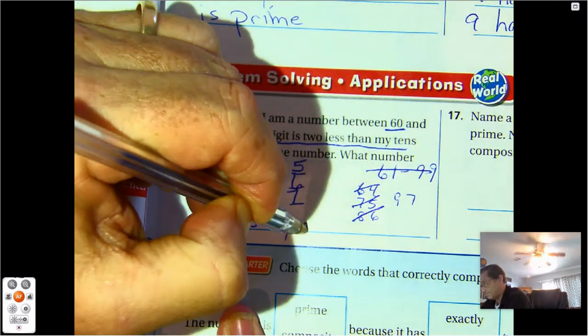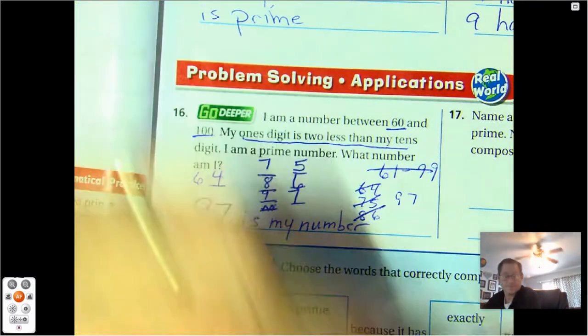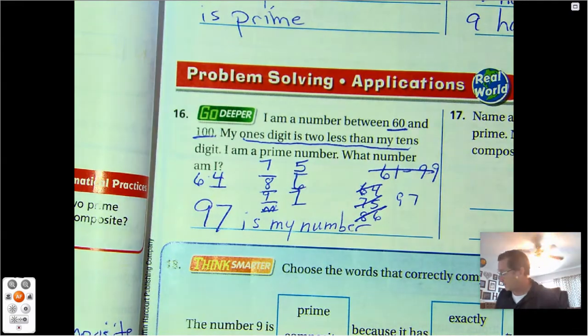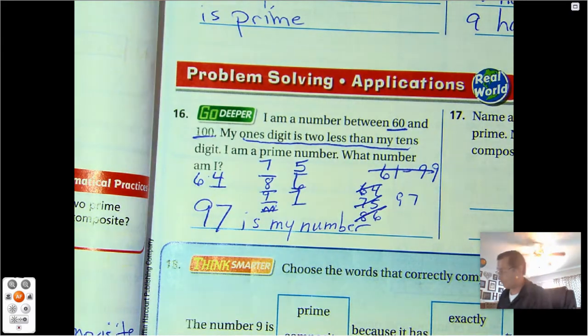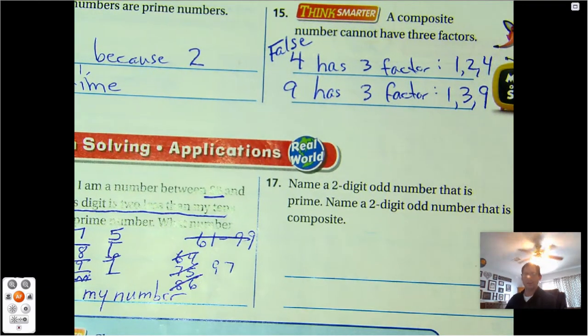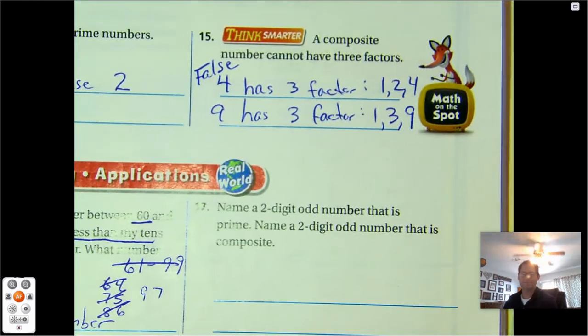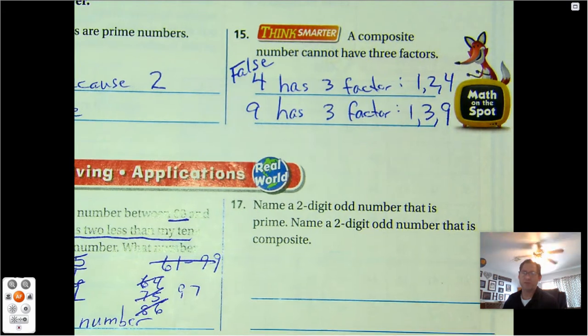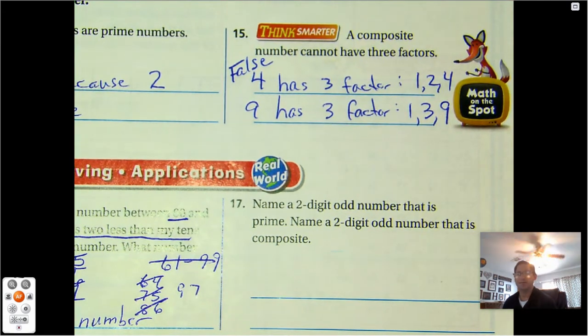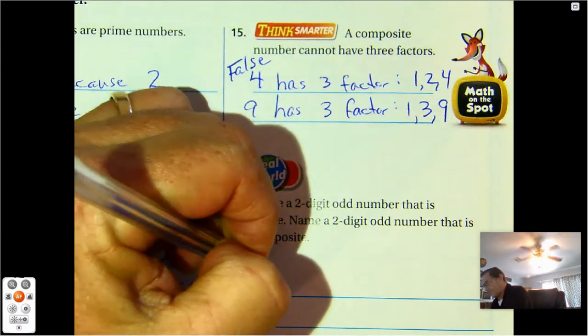Okay. All right, so now 17. Name a 2-digit odd number that is prime. Name a 2-digit odd number that is composite. Okay, well, 11 is prime.